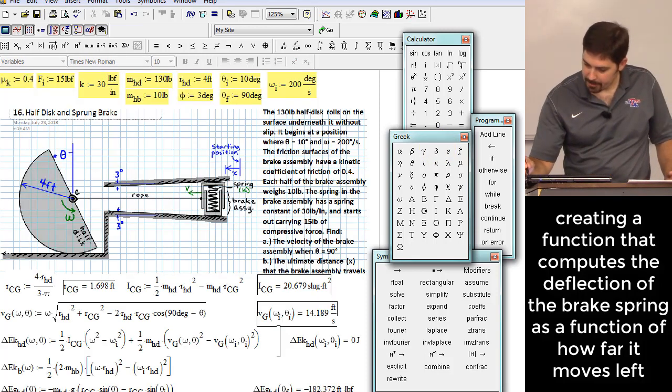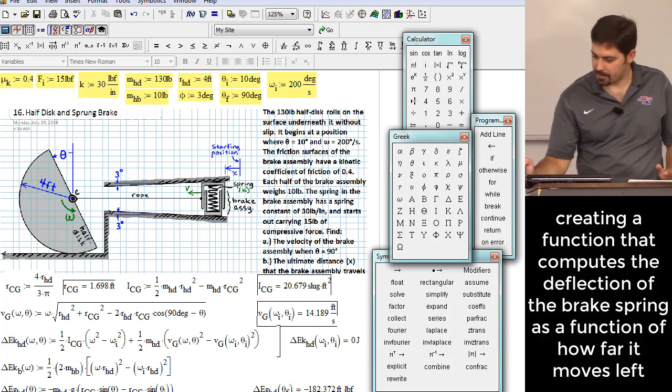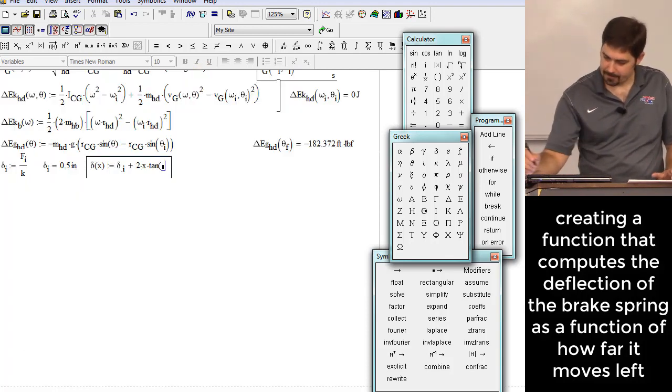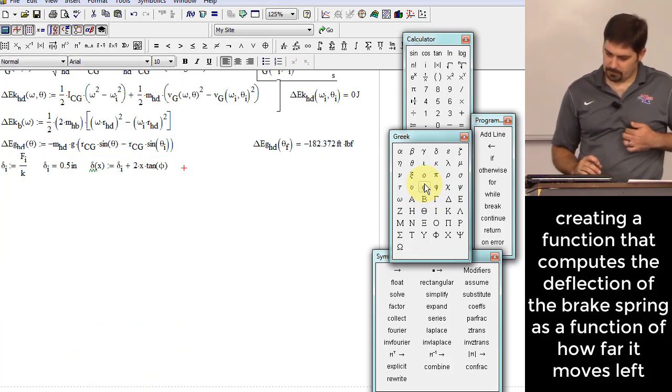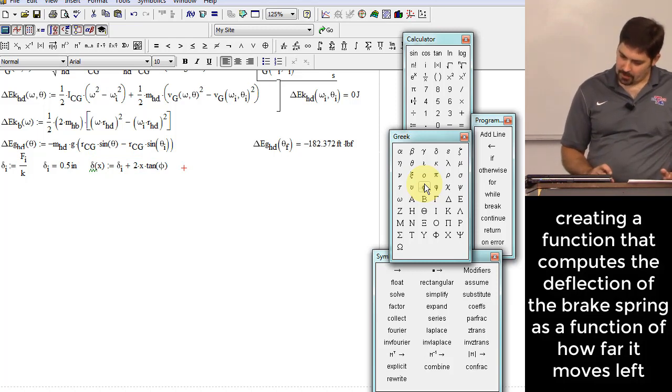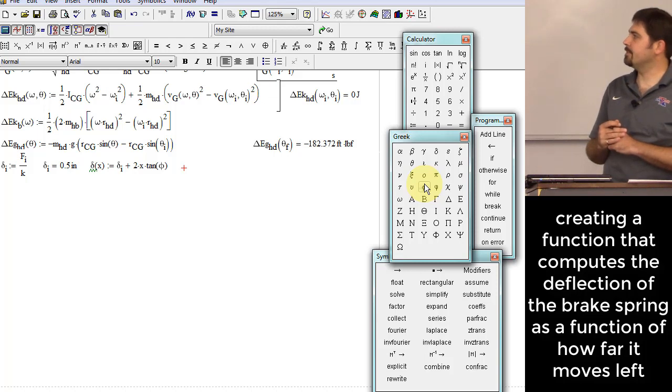If you'll remember up here at the top, I called that phi, just to make it a variable rather than just a typed in number. All right. So there's that. That's my function for delta as a function of x. Now what?